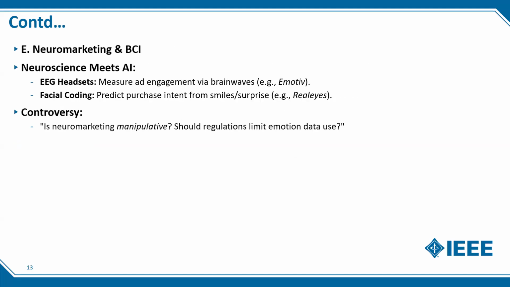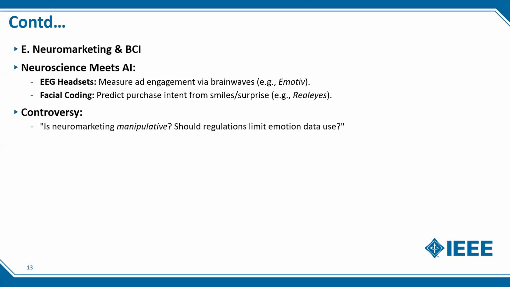Another thing is neuromarketing and BCI, where neuroscience meets AI. For example, EEG headsets measure ad engagement versus brain waves, and facial coding predicts purchase intent from smiles or surprise.